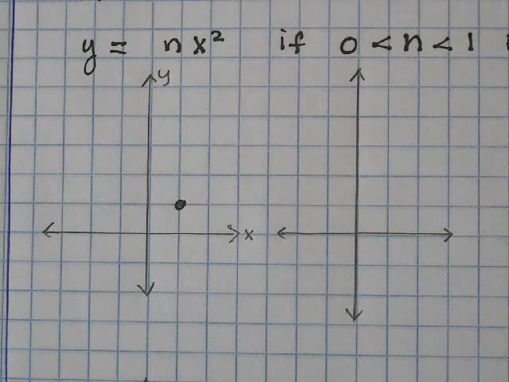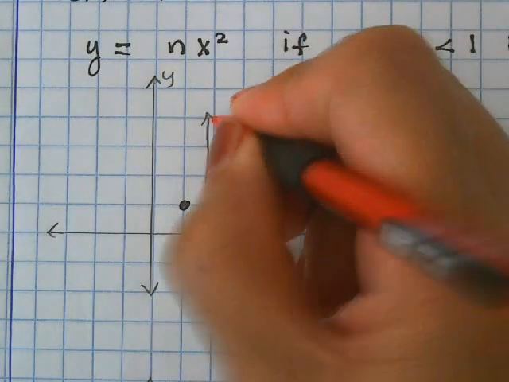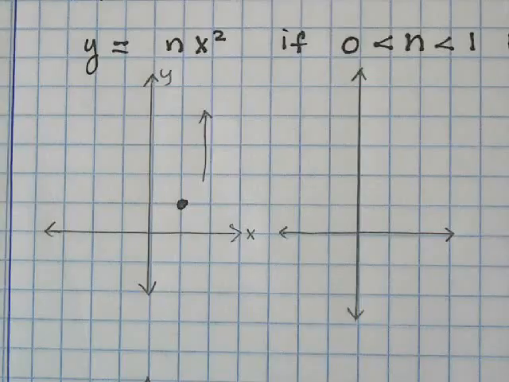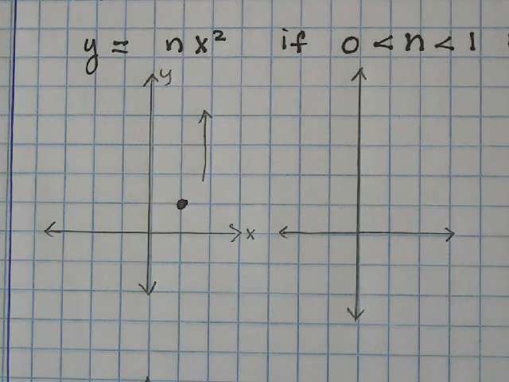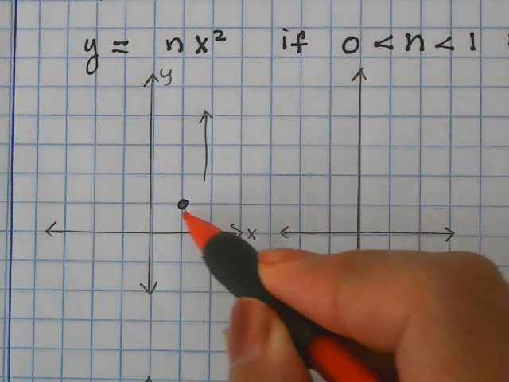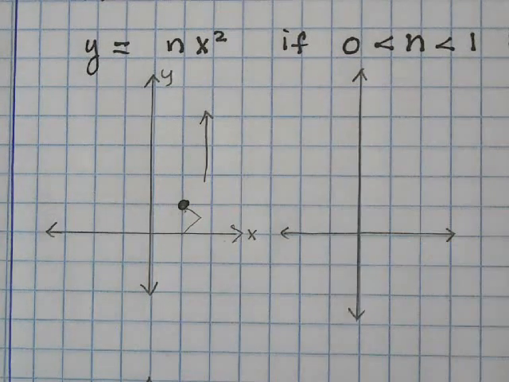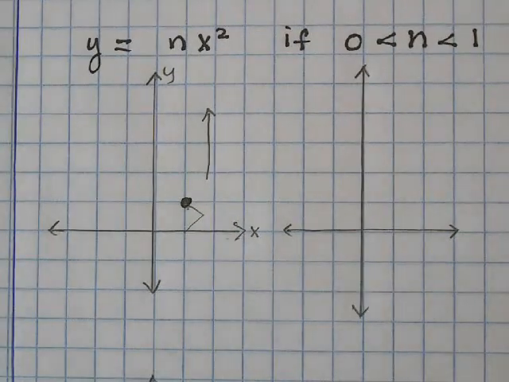Now you're going to stretch it, or pull it up, away from the x-axis, by a factor of 3. So this is what you do. You measure the distance of the point from the x-axis, which is 1, and you're going to multiply that by 3.